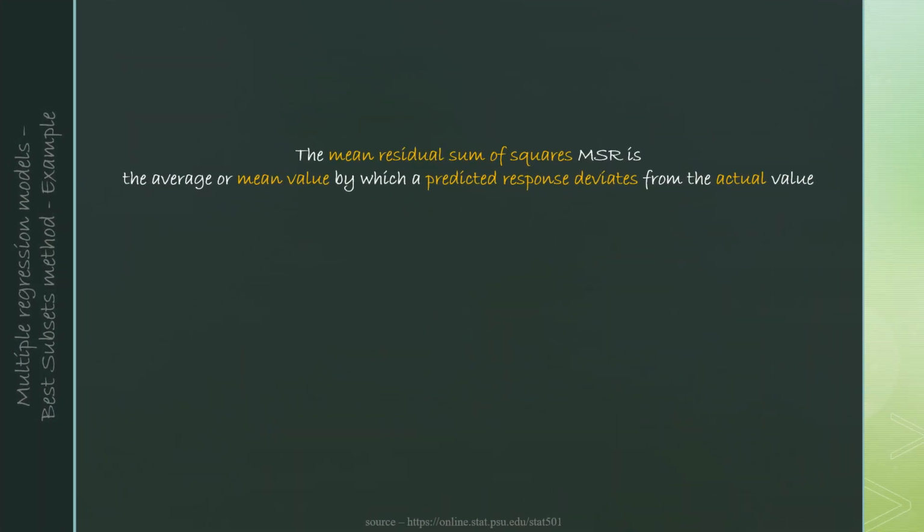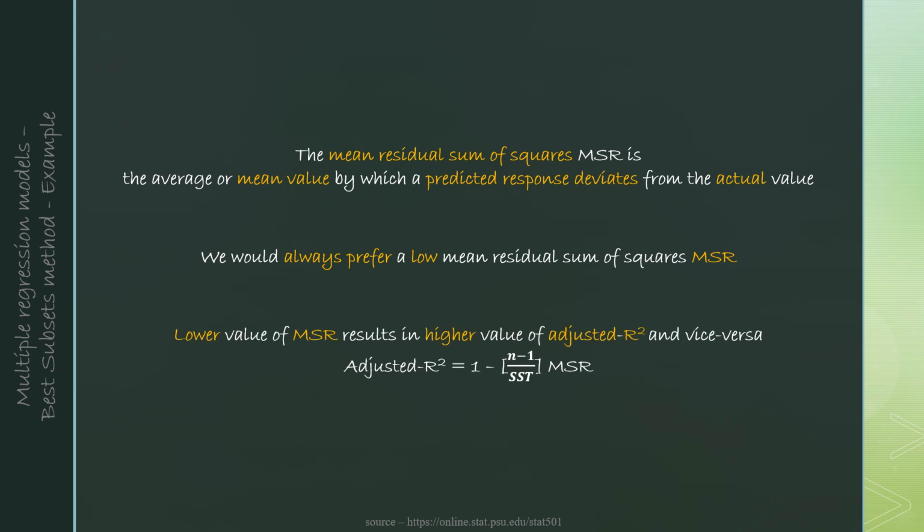The mean residual sum of squares MSR is the average or mean value by which a predicted response deviates from its respective actual value. We would always prefer a low mean residual sum of squares MSR. Lower value of MSR results in higher value of adjusted R square and vice versa, since adjusted R square equals 1 minus n minus 1 divided by SST multiplied by MSR.